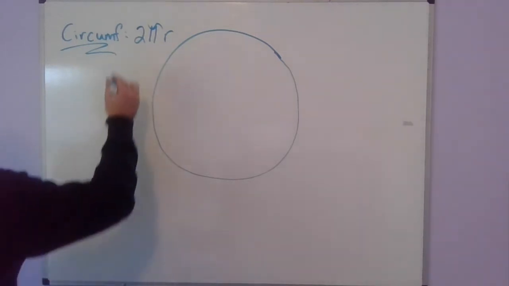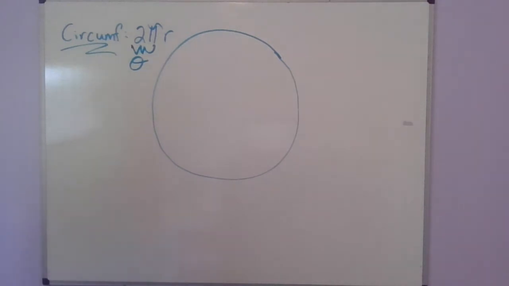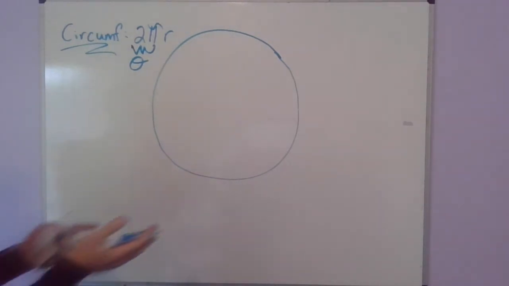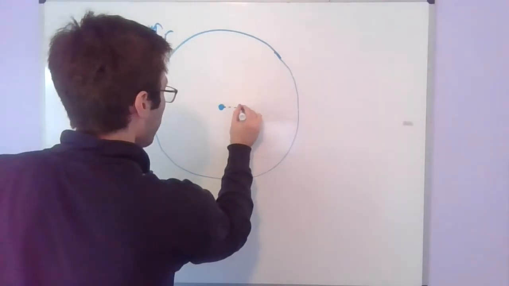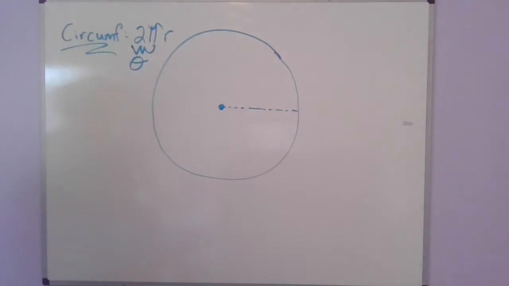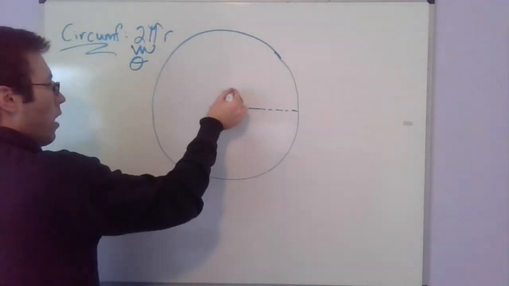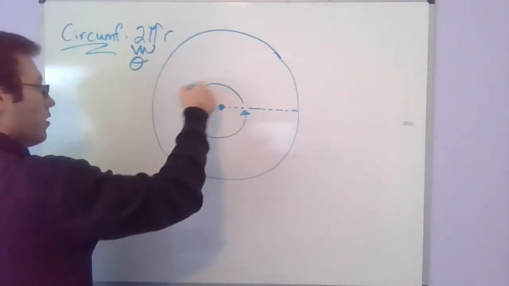Now, this term is going to be theta. So what we call theta is, so if we look at, so from here to here, we can think of theta as the measurement going around the circle. So theta here would really be 2 pi.